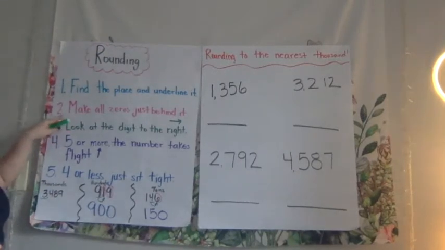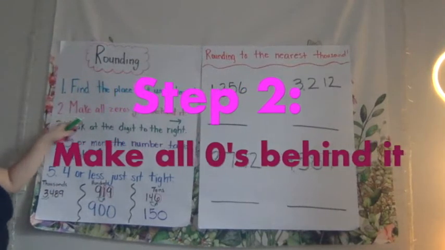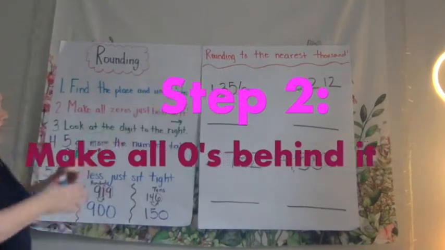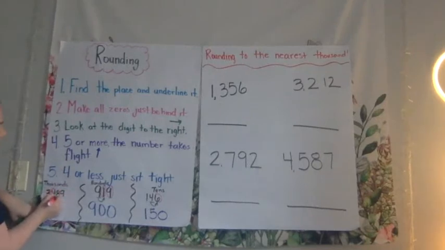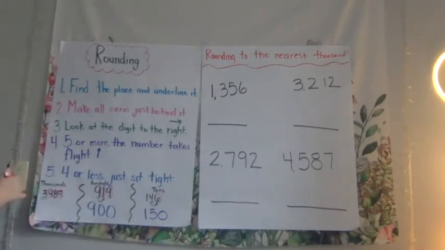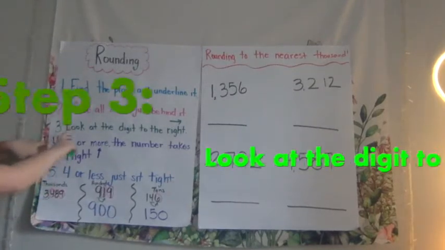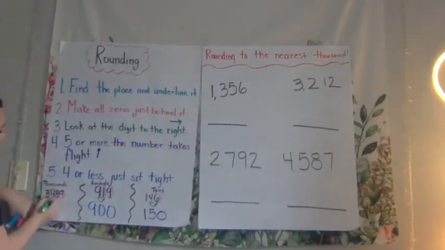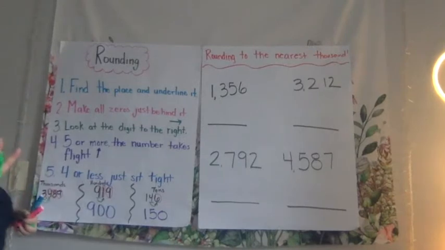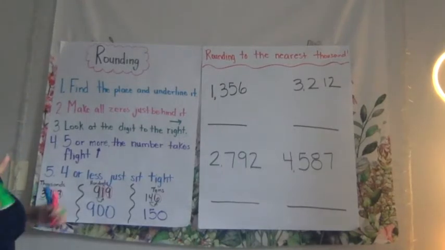Then, number 2 says, make all zeros just behind it. So now, even that number in the hundreds place turns into a 0. They all are turning into zeros. Now, step 3. Look at the digit to the right. It's a number 4.